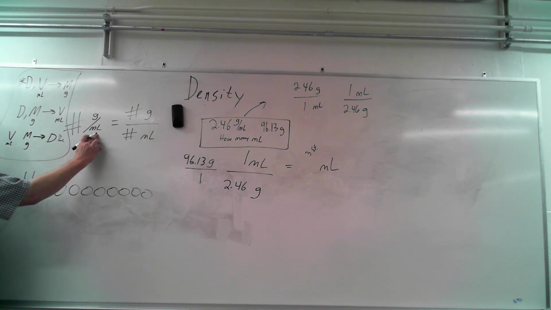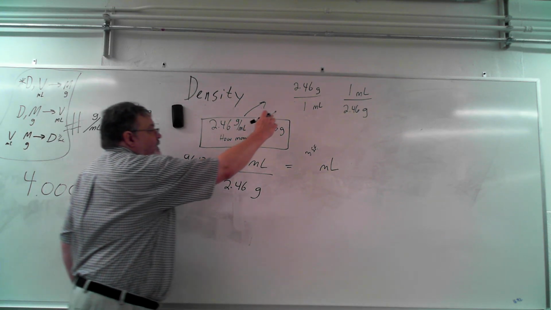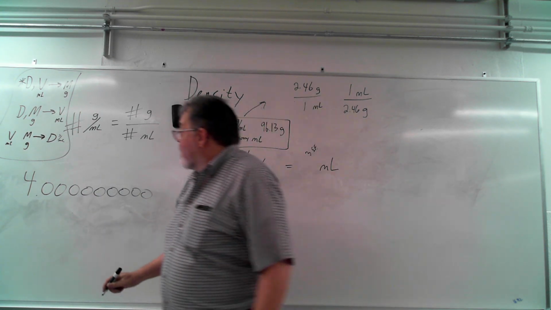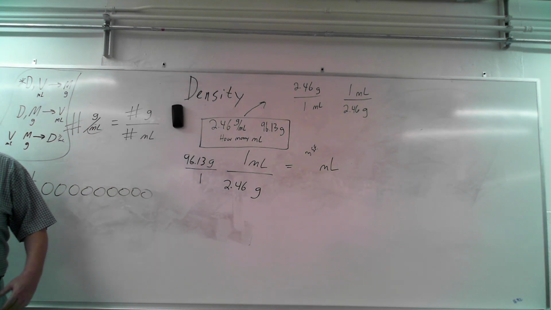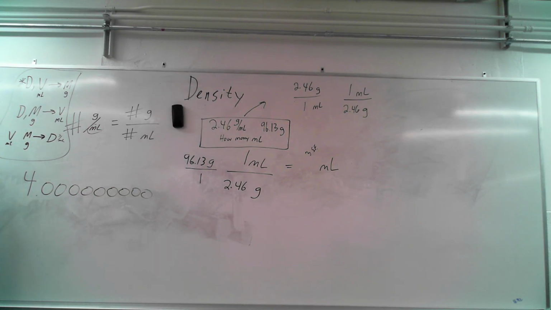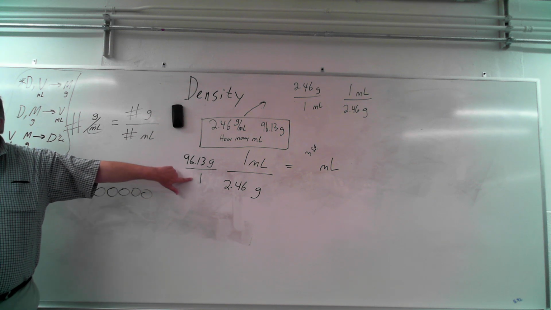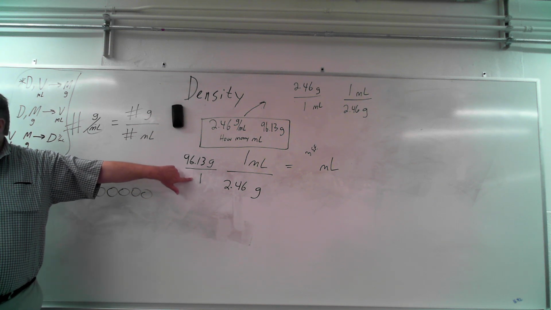The one on the bottom, I told you has a 1. That one, the one that's associated with a unit on the bottom, is infinitely accurate. It's exact. So you can ignore that when you're dealing with significant figures, because it's infinite. And this little magic one I stick here, that's infinite too.